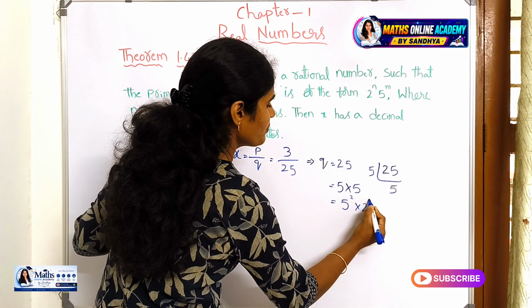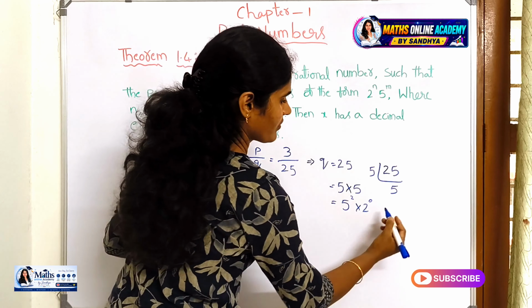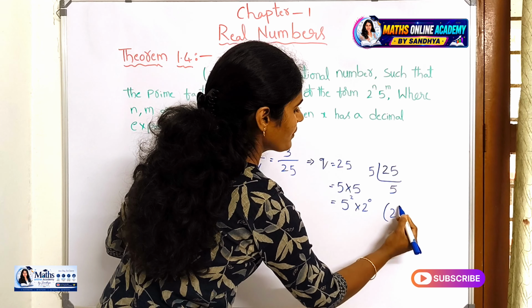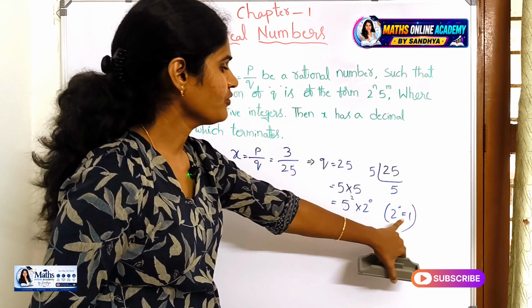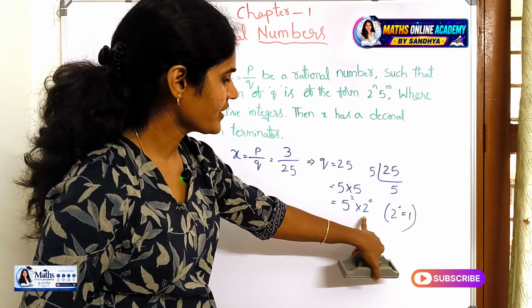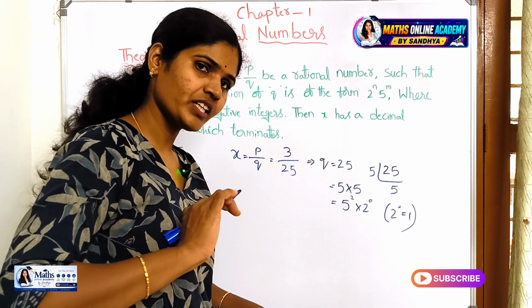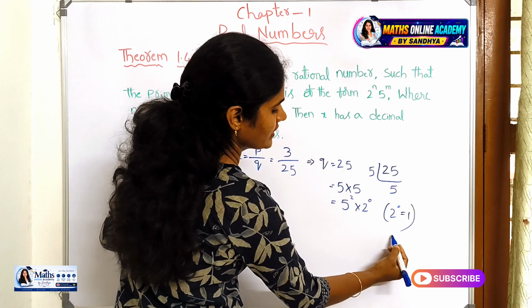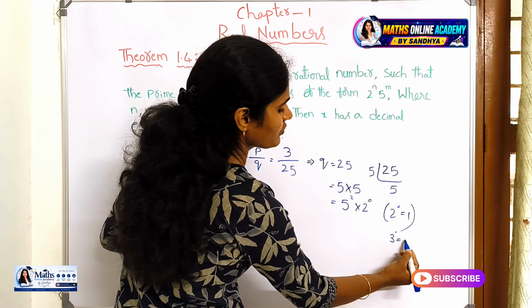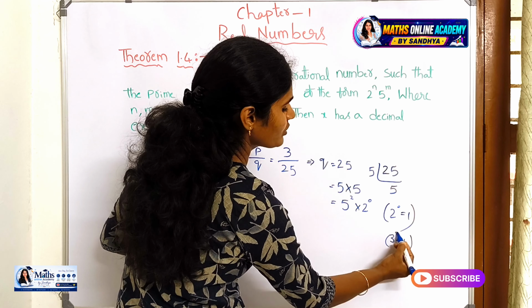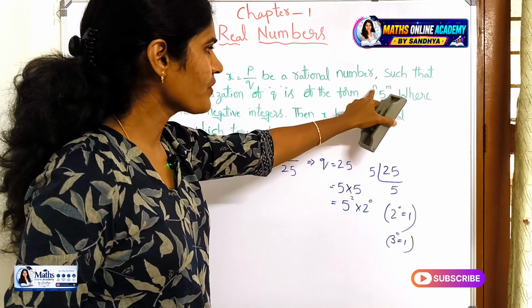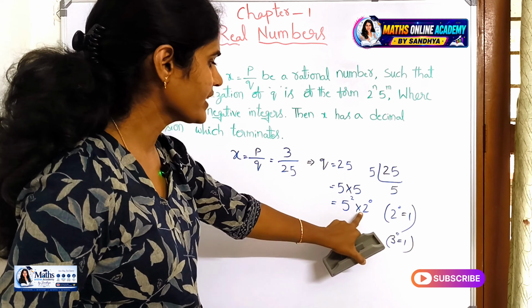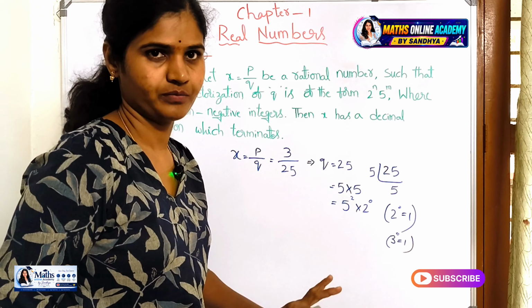For 2 power 0, 2 power 0 equal to 1, so we multiply by 1. For any number, power 0 equals 1. Here we want to show the form 2 power n 5 power m. That's why we are writing 2 power 0.